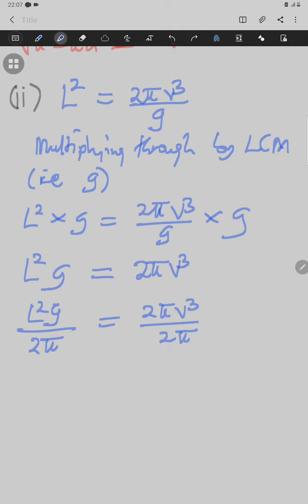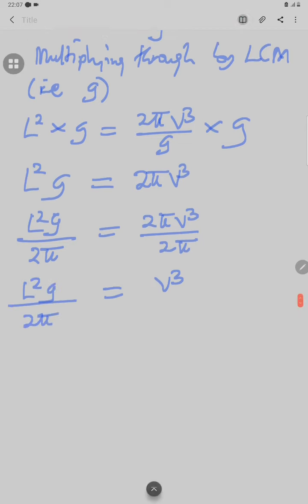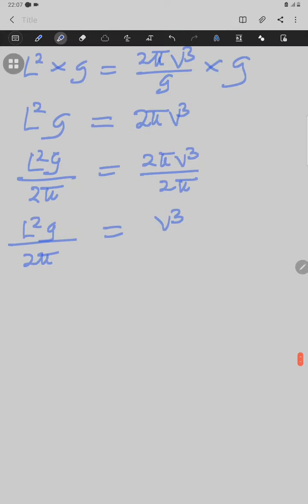I won't cancel it, I just want you to know. So I will have L squared G over 2 pi equals V cubed. Now our V cube is standing alone. What do we do to eliminate the cube? If it is cube, you can eliminate it by taking the cubic root. And that is how you write the cubic root of L squared G over 2 pi.